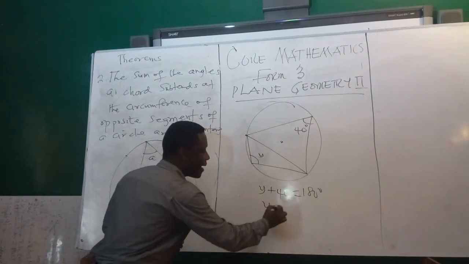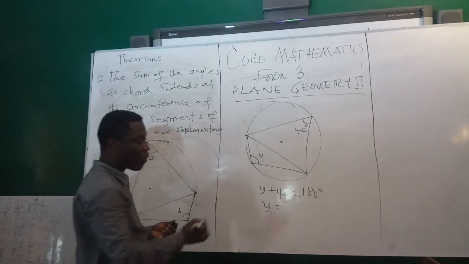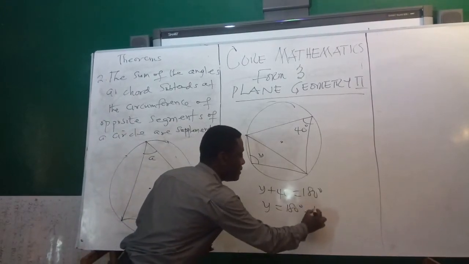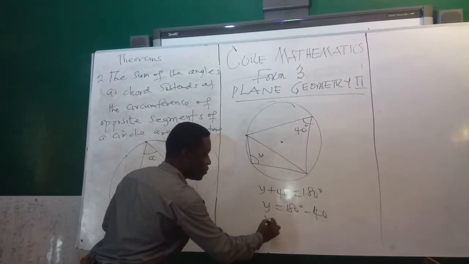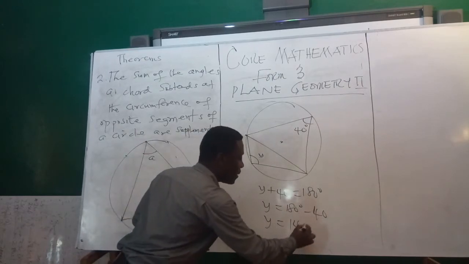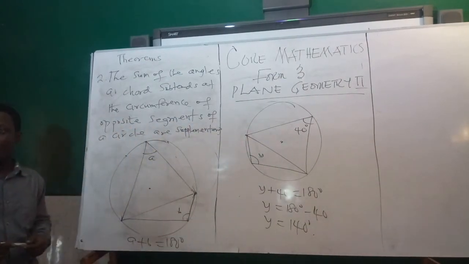From that simple equation, Y will be equal to 180 minus 40, so Y will simply be 140 degrees. So that explains the second theorem.